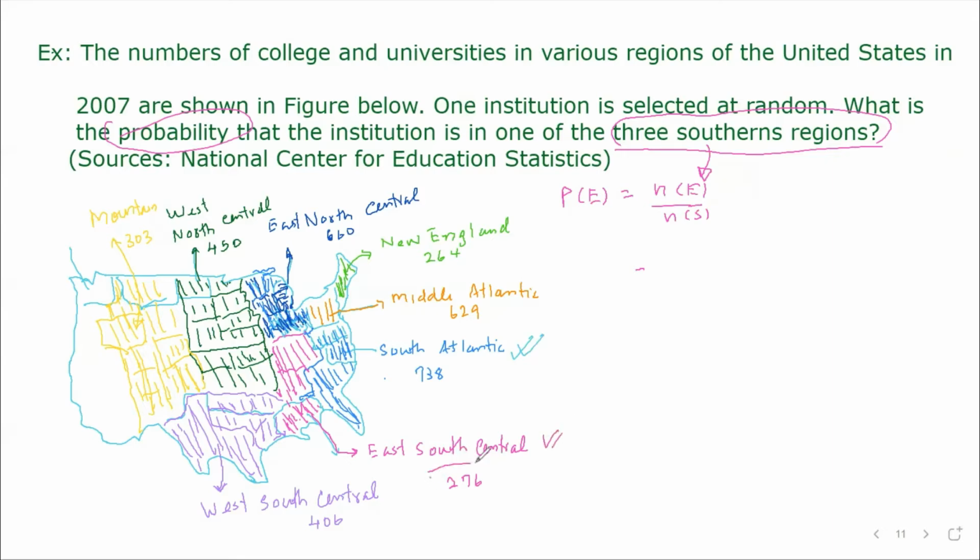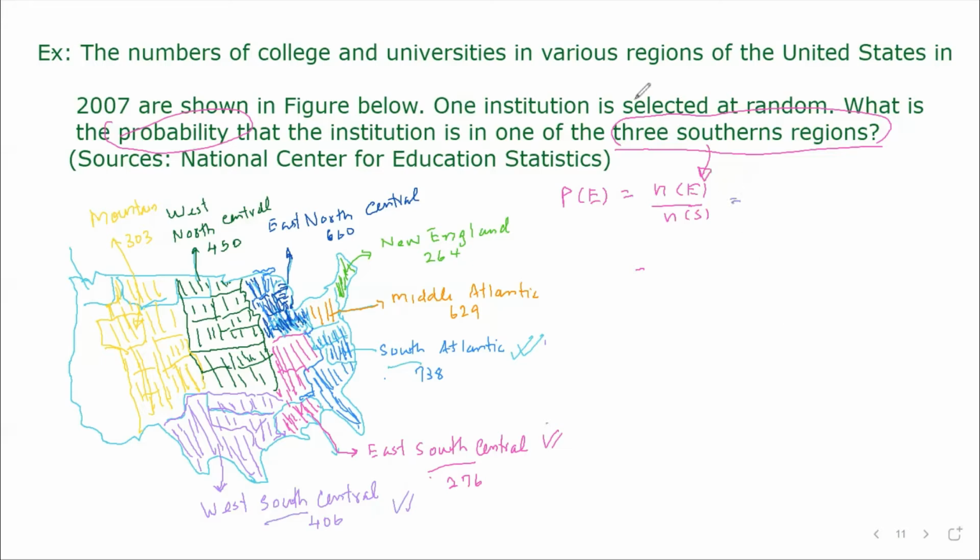The other one is also the southern part. And this is the southern part here. And also the purple one, purple color here, is the southern part. So you get these three, 1, 2, 3, exactly 3 southern regions. So that is E, right?